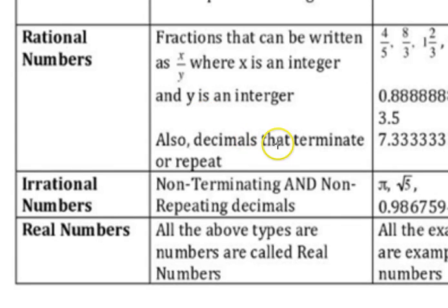Also, decimals that terminate or repeat. Apart from x by y, if we transform them into decimals, that can also be a rational number, but we need to make sure that the decimal value either terminates or repeats after a certain digit.